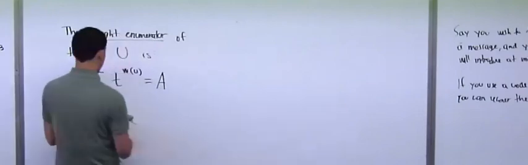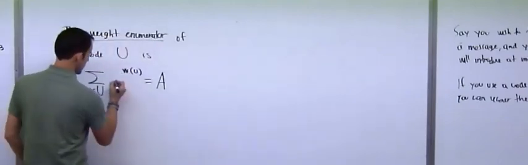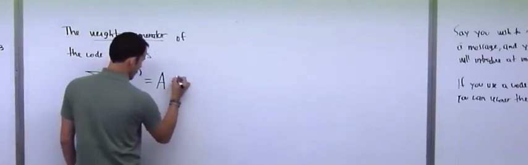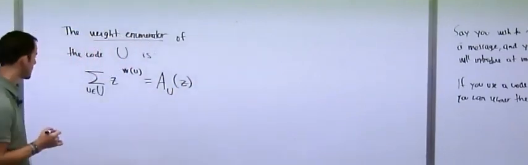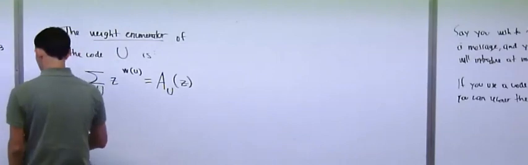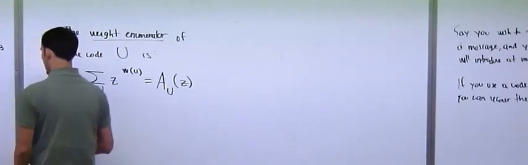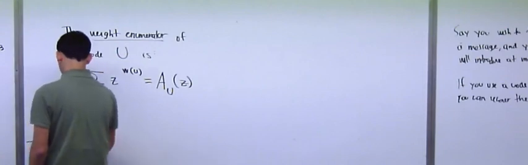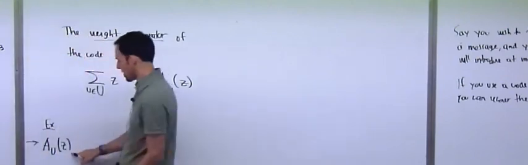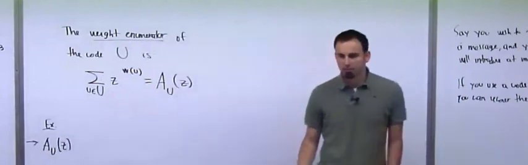Actually, people like to use a z here. So we're going to use a z. So this is a function of z depending on your code U. Okay. So for example, what is the weight enumerator for this guy?